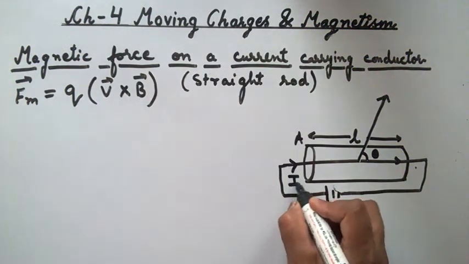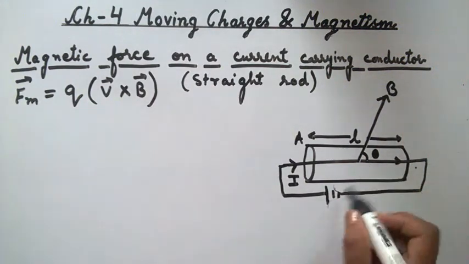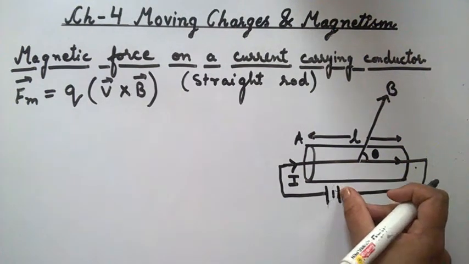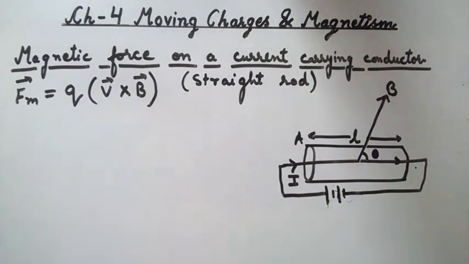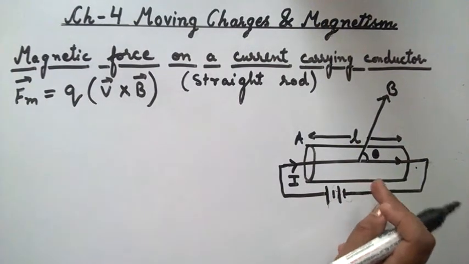Current is I, magnetic field, length. Now here we are taking the mobile charge carriers as electrons, and the electrons are moving with drift velocity.